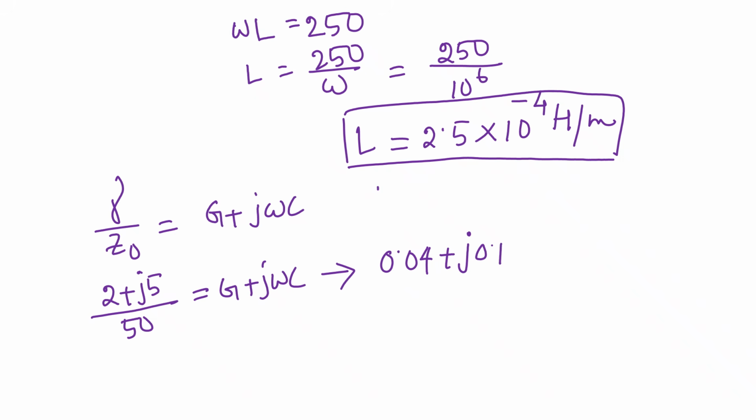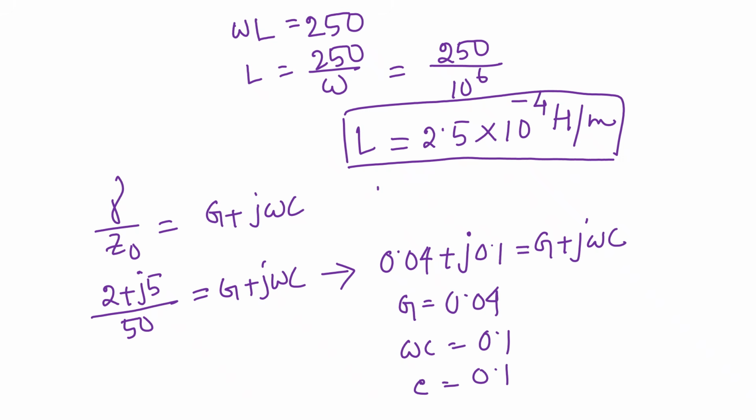Okay, so this will be equal to g plus j omega c. Now if I again equate left hand side and right hand side, I'll get g as 0.04 and omega c as 0.1. So from there c will be nothing but 0.1 by omega, so 0.1 by 10 to the power 6.